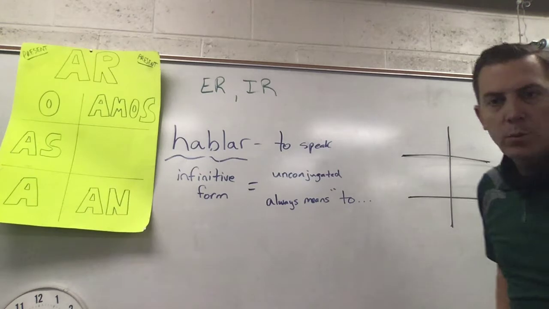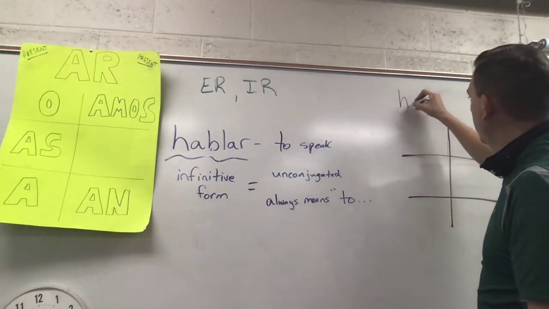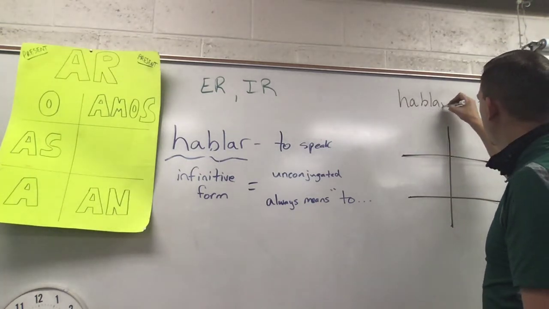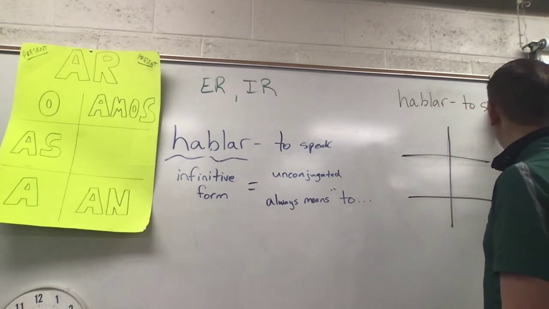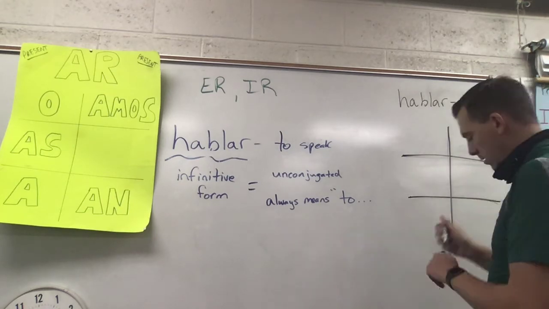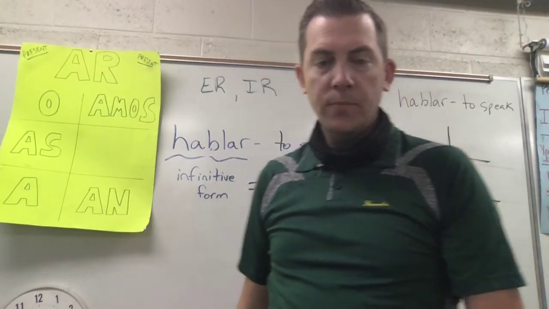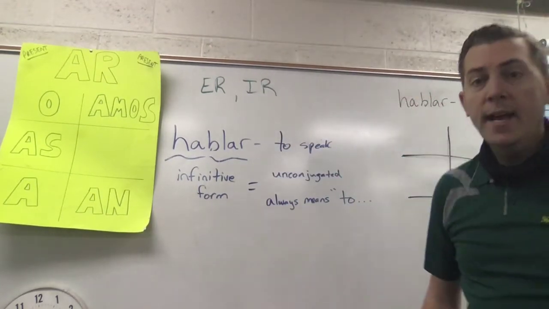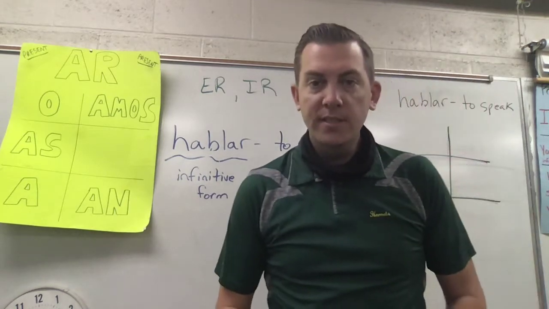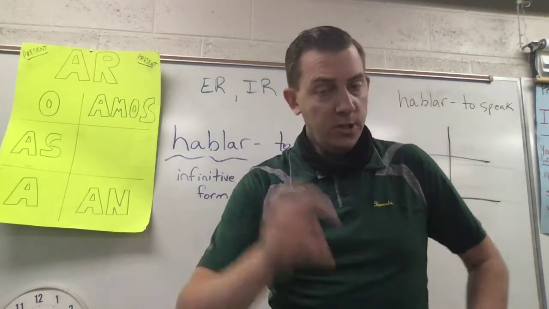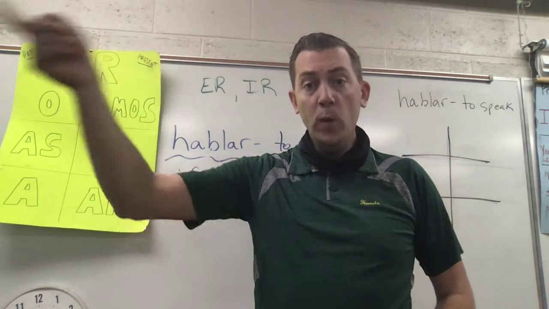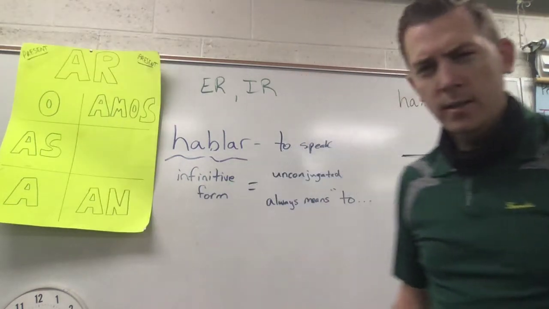And we're going to practice with the verb hablar, which means to speak. Awesome. Now, this right here means to speak. And now we're wanting to conjugate it to be able to say, I speak, you speak, he speaks, we speak, they speak. Things like that.